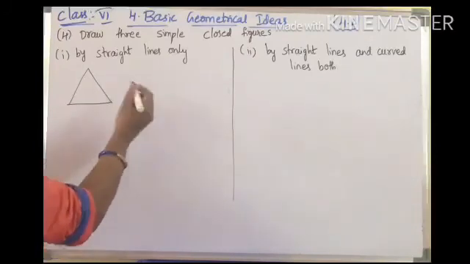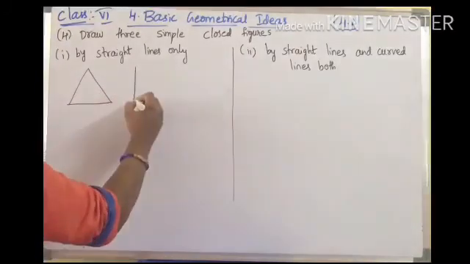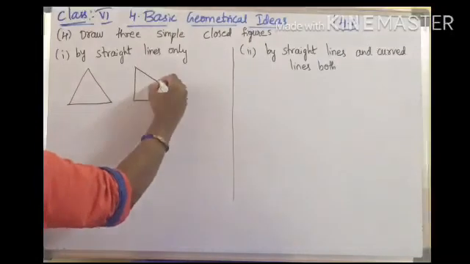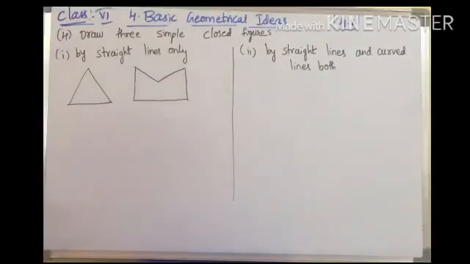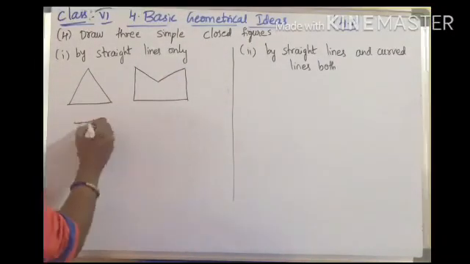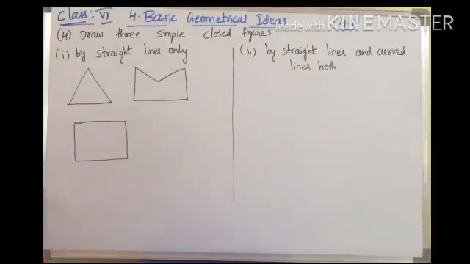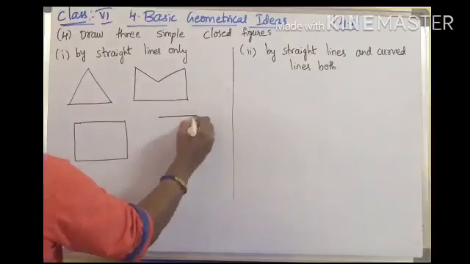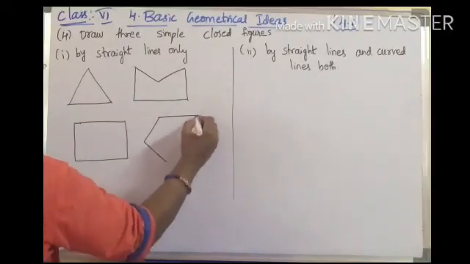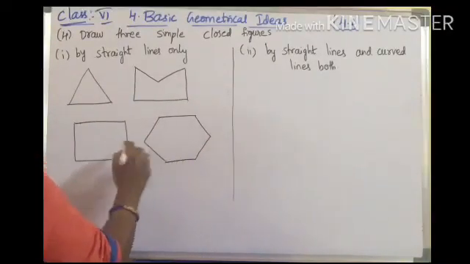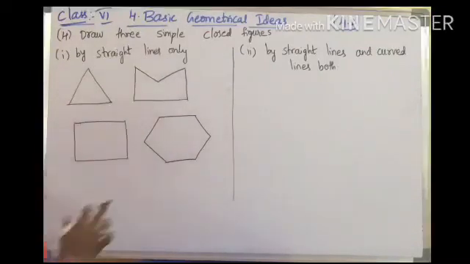Similarly, this is also a closed figure formed with line segments, and you can draw a rectangle, square, any figure, but the figure should be with straight lines. No curved lines are allowed in this, because they clearly mentioned straight lines only.